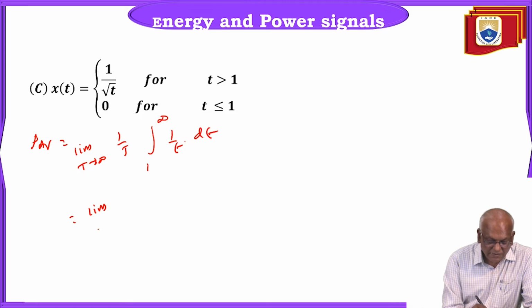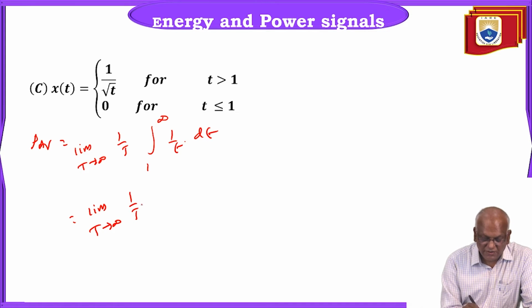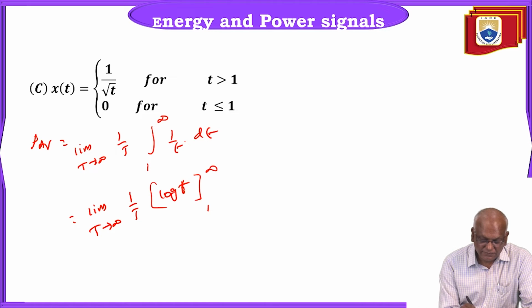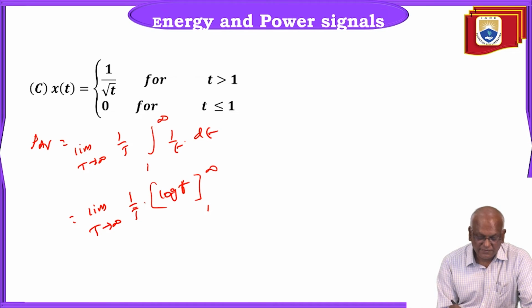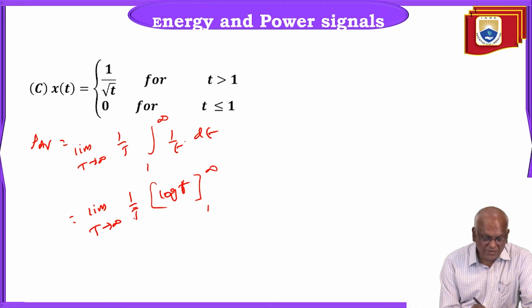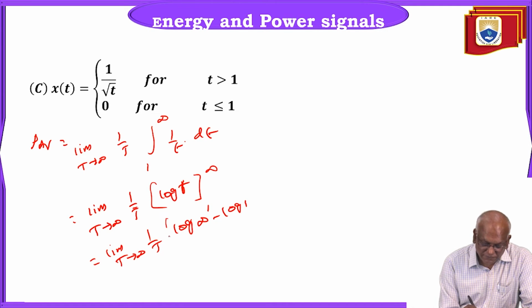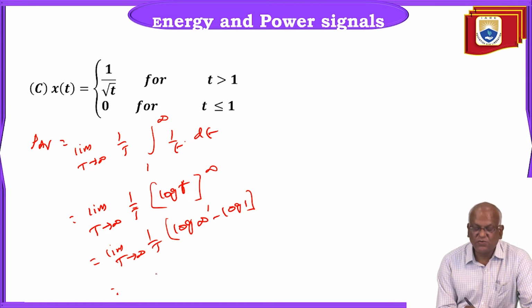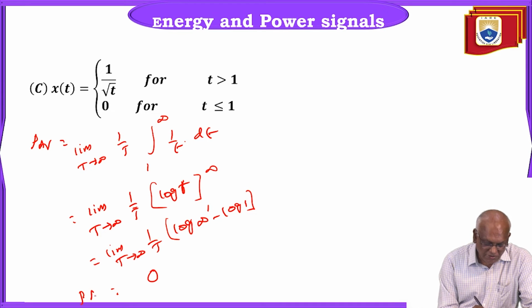So the limit t tends to infinity of 1 by t, times log of t with limits 1 to infinity. Because t tends to infinity, this entire value becomes 1 by t times the logarithm of infinity, minus log 1, which equals 0. Now anything divided by t, applying the limit t equal to infinity, the value becomes 0, the power equals 0.